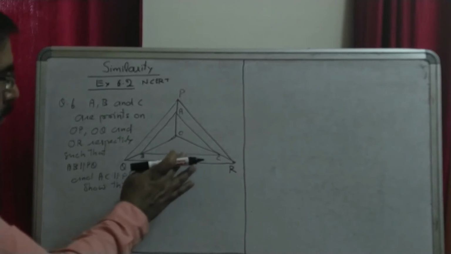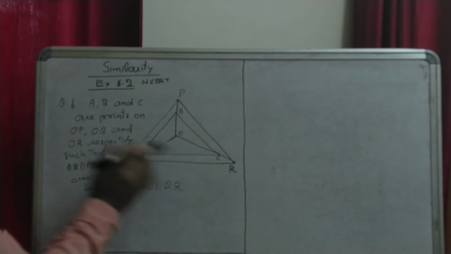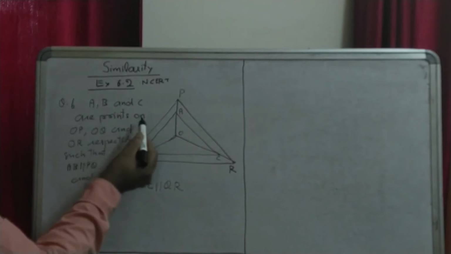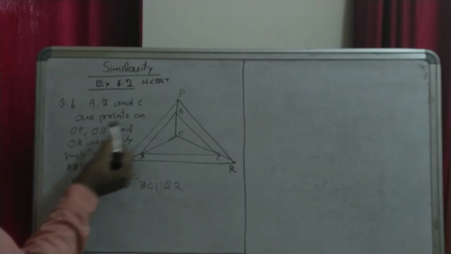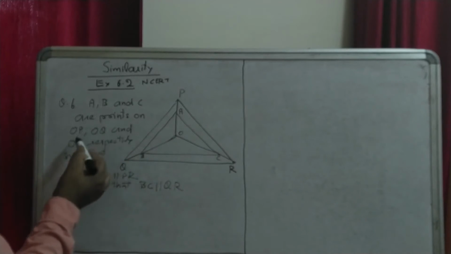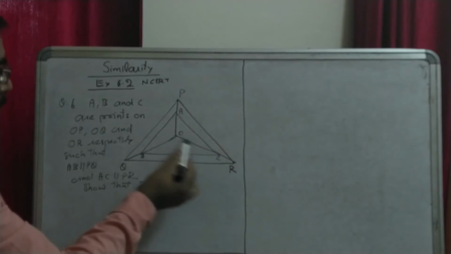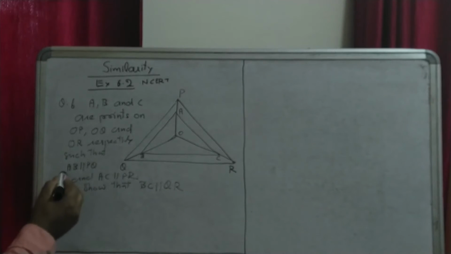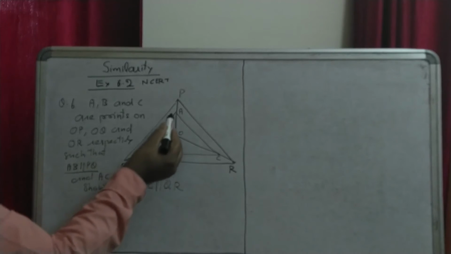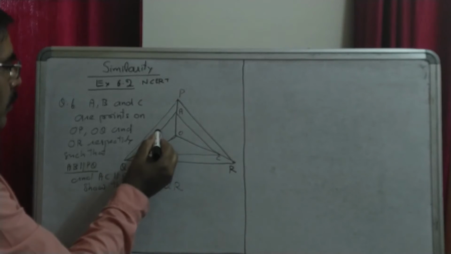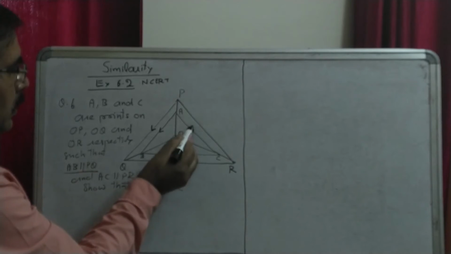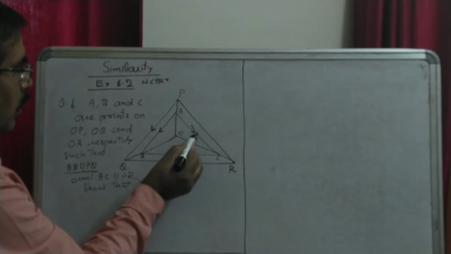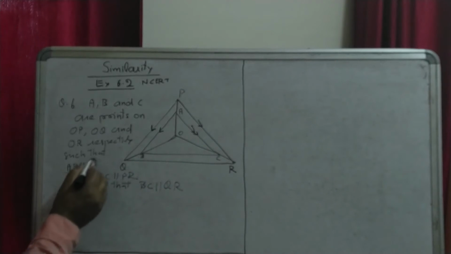You have been given a figure here. In this figure, what is given? A is a point on OP, B is a point on OQ, and C is a point on OR, such that AB is parallel to PQ, this is given, and AC is parallel to PR, this is given.